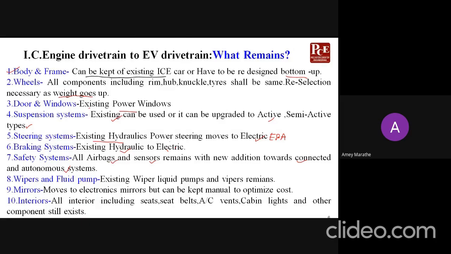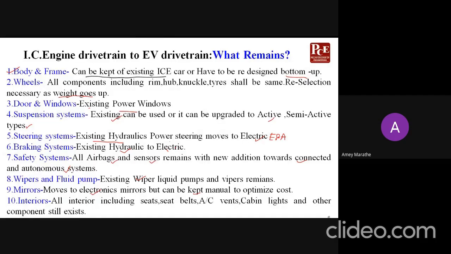Wiper and fluid pump, existing technology still remains. Mirrors will now move to electronic mirrors, but when it comes to India, we can keep them as they are to optimize the cost.